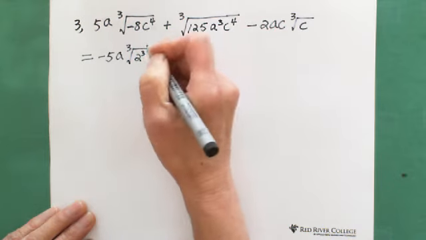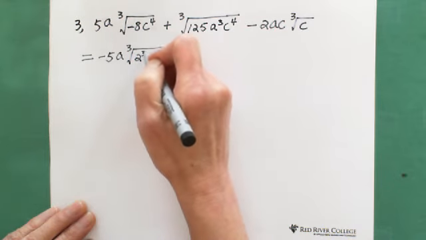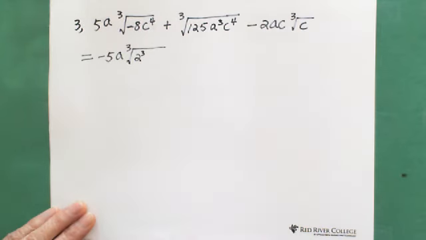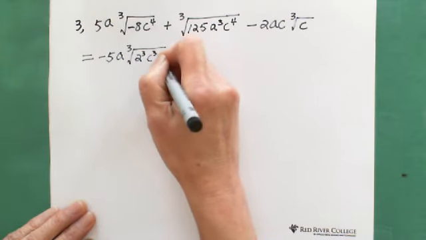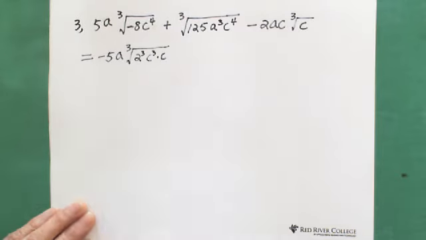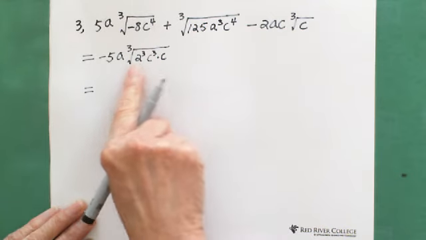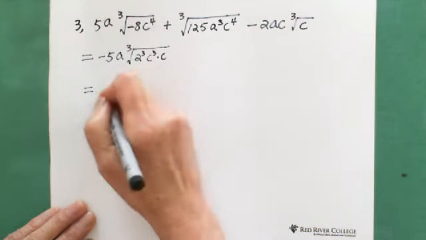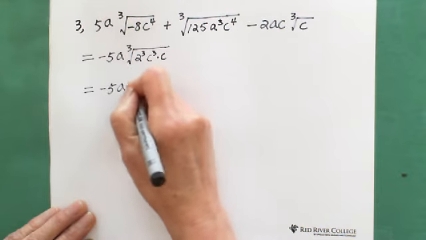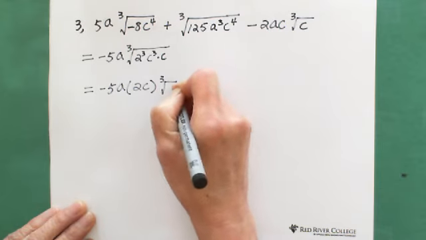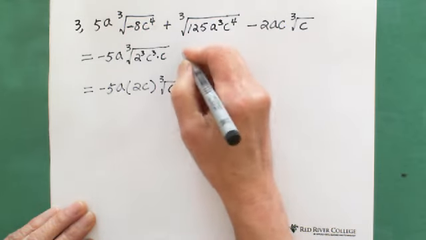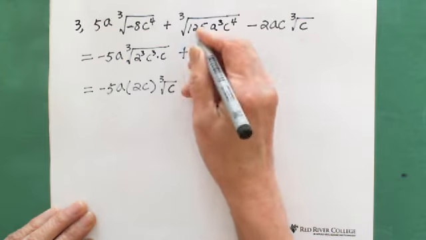I always say match the inside exponent with the radical index. The c to the 4 exponent we can write as c to the 3 exponent times another c. So for this term, we get out 2 and c, and you get negative 5a times 2c cube root c.